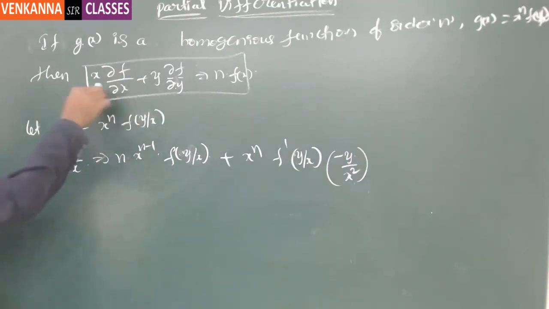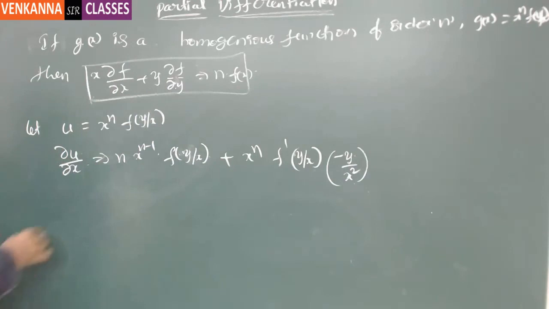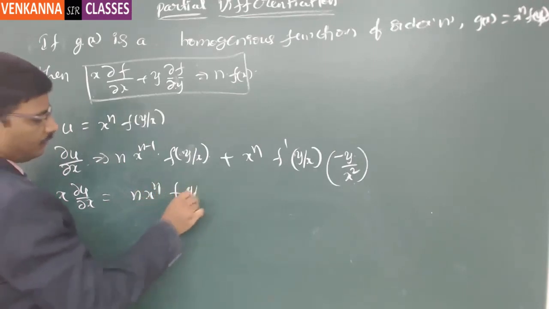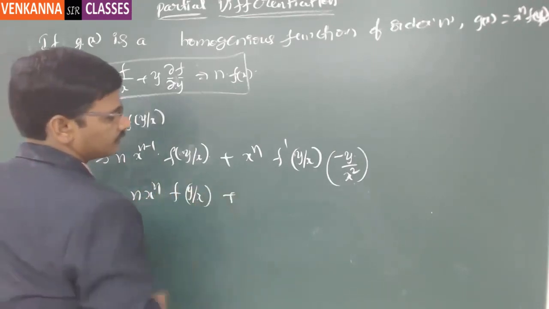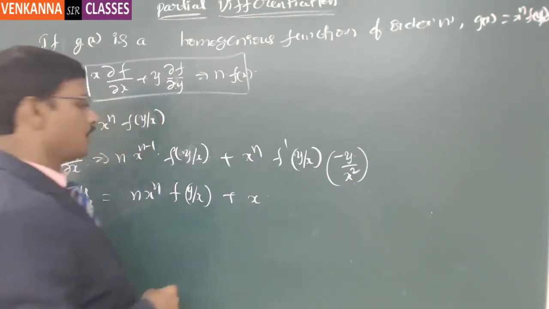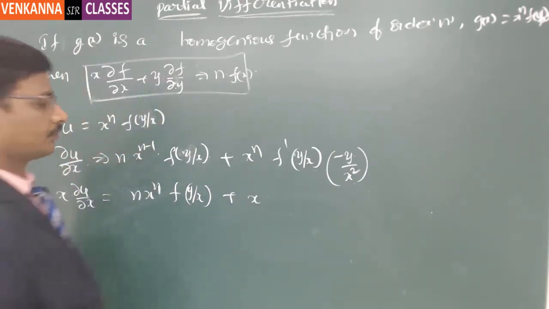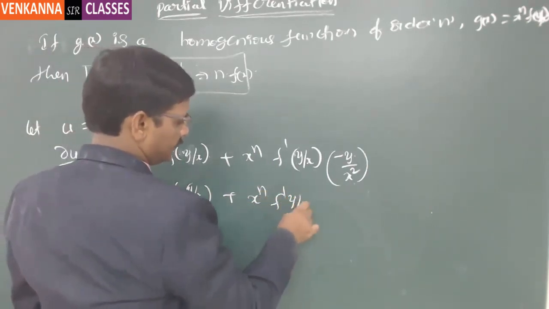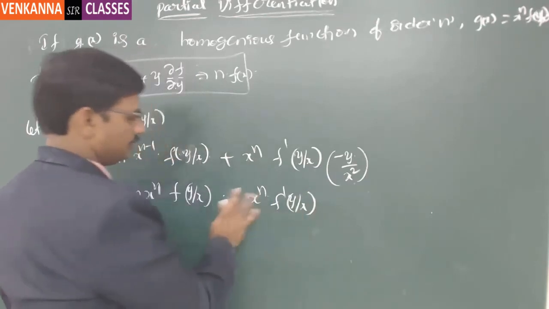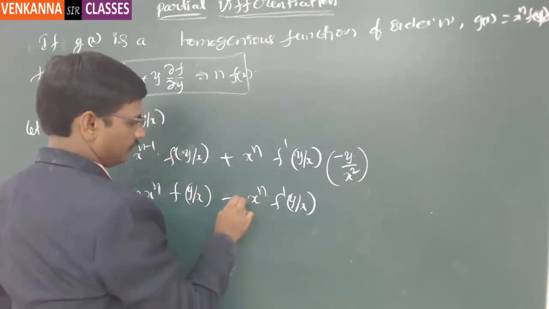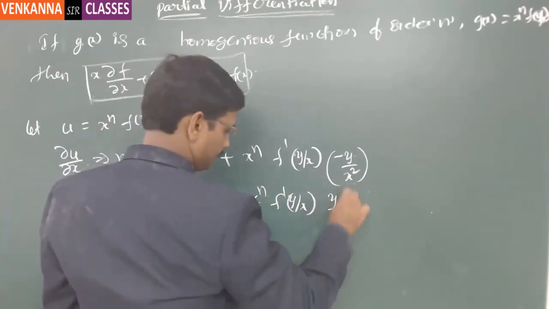Then if you multiply this entire thing by x, x dou u by dou x is equal to n into x power n into f of y by x, plus x power n into f dash of y by x into minus y by x.